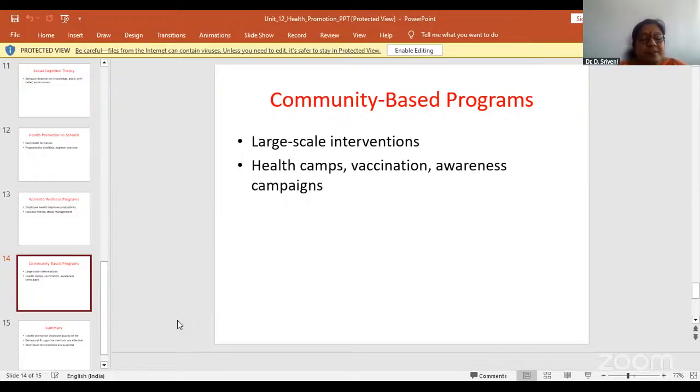Community intervention focuses on improving knowledge, promoting hygiene, encouraging preventive behaviors, and creating supportive social environments that facilitate healthy living. Activities such as free health camps, immunization programs, distribution of essential medicines, and awareness campaigns about the dangers of smoking and drinking are common examples of community-based health promotion.